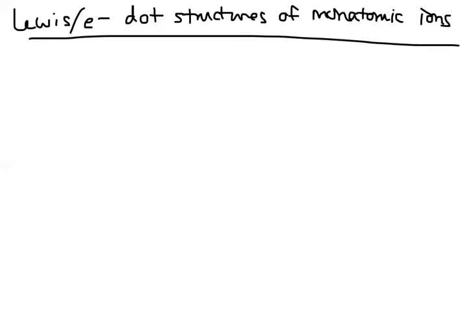So what are some examples of monatomic ions? Oxide, that's a monatomic anion. What's a monatomic cation? That's polyatomic, it has 2 elements in it. What's an example of a monatomic cation?